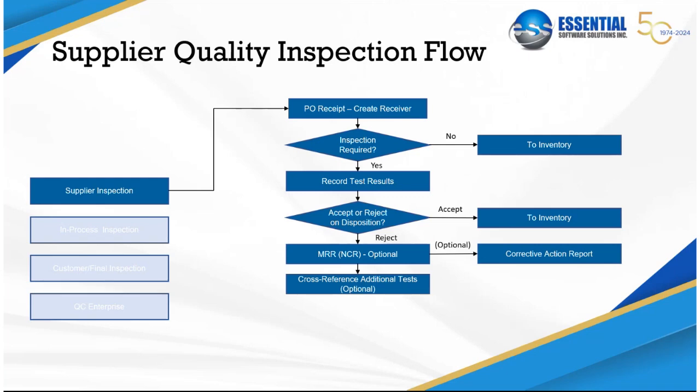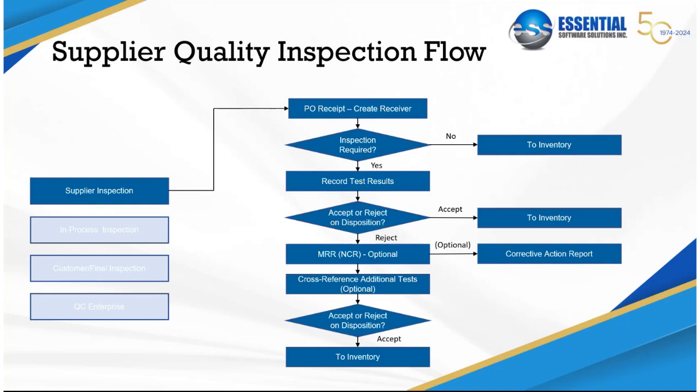I can cross-reference certain parts of my test to this material review report, maybe where the problem originated from. And from there, I have another option to then accept or reject my disposition based off of how my MRR went. Okay, if there was an issue, then my final step is I can just reject the material, which means I can scrap it or remove it from inventory from there.